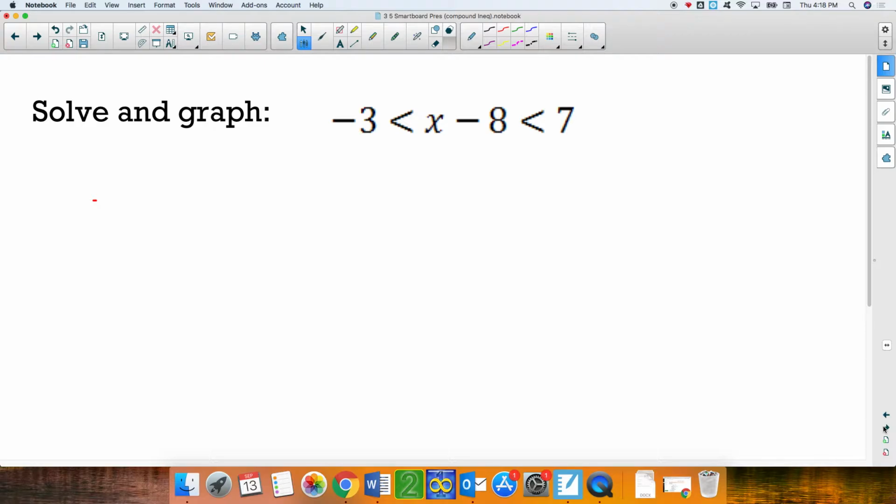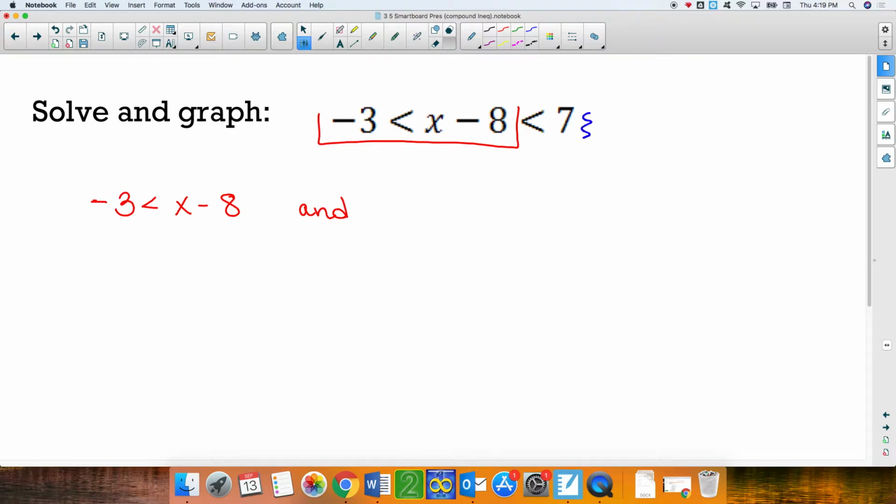To solve this inequality, notice there is no word separating them. So I'm going to go all the way over until I get to the next inequality symbol and stop, and I'm going to write that inequality down. Negative 3 is less than x minus 8. And then I'm going to put the word and, and do the next inequality.